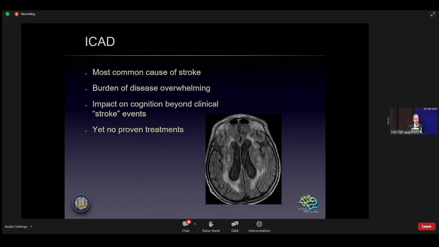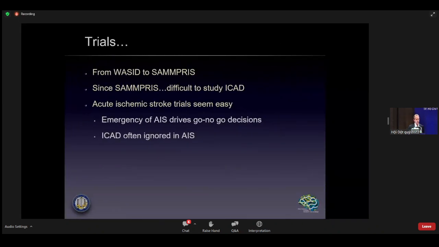Some people will say that because there's no proven treatments, whether medically or interventionally, we shouldn't be doing anything from a diagnostic approach to treat these patients. But we have done a lot of trials over the years. We've done the WASID trial with Mark Chimowitz, as well as the SAMMPRIS trial, and we've had limited findings over the years.